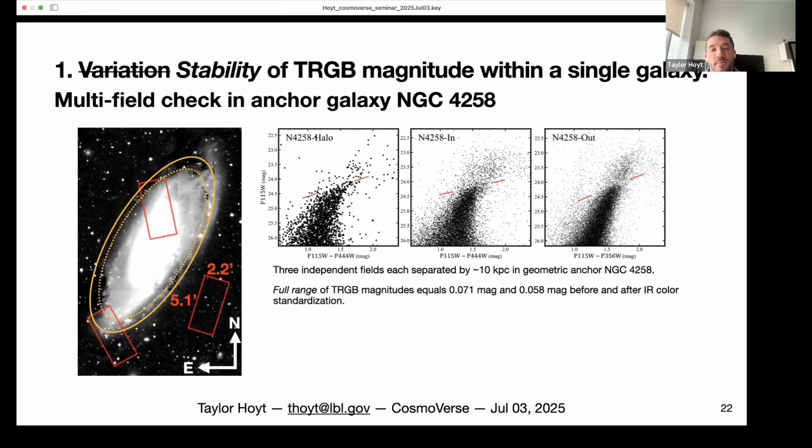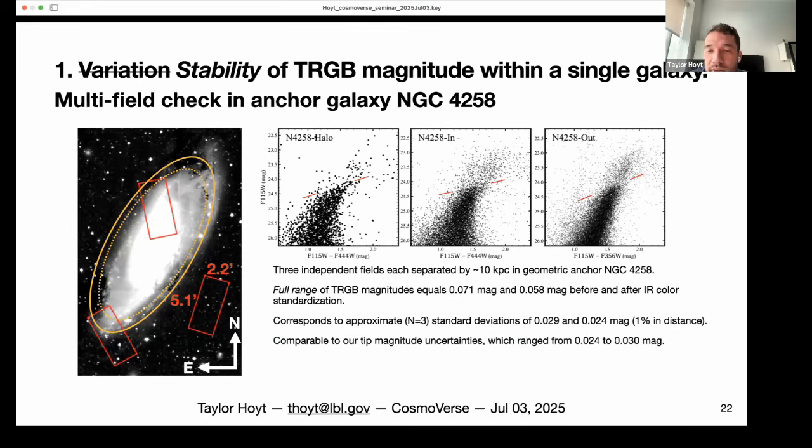That corresponds to about 3.5% and 3% in distance. The standard deviations, as much as you can trust them with N of 3, correspond to 0.029 and 0.024 magnitudes, again before and after the color standardization. Those correspond to about 1% in distance.